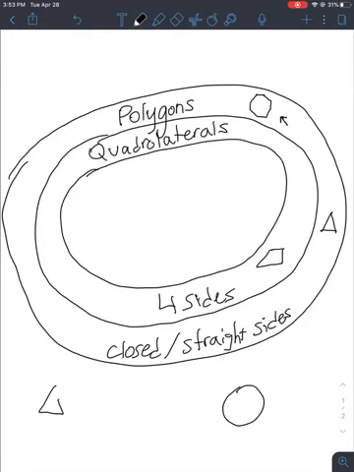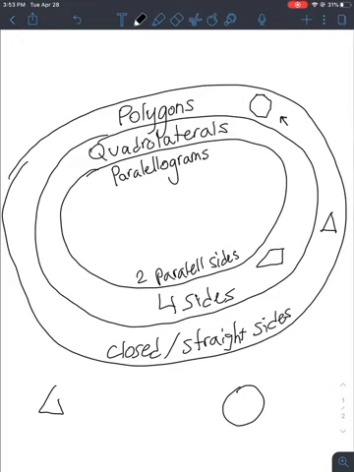So the next step is parallelograms. And these are closed straight-sided shapes with 4 sides, but they also have to have 2 parallel sides. Now, parallel means that they are going the exact same direction.